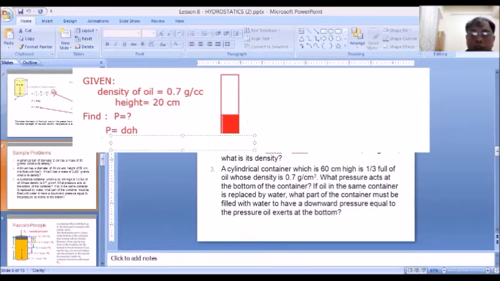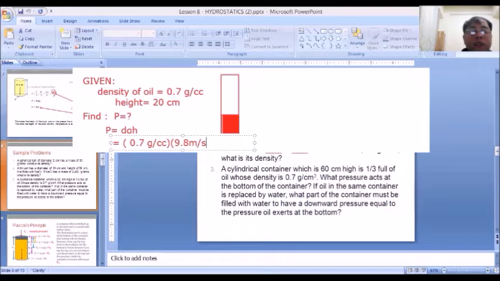So the density of oil is 0.7 gram per cc, and you have your acceleration due to gravity, which is 9.8, but 9.8 is in meters per second squared.